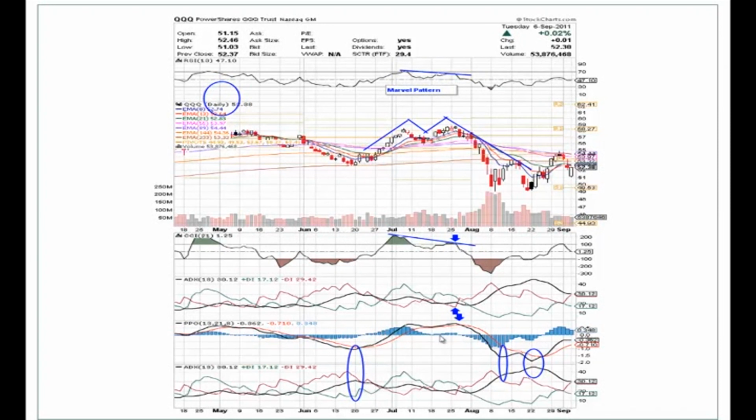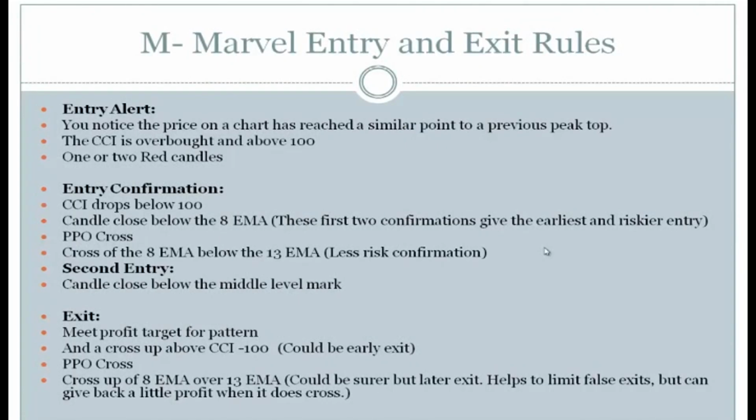And just notice the circles are the P3s or the P3 and a halves, so that your eye starts to see them. Alright, on the M entry and exit rules, you will notice the price on the chart has reached a similar point or to a previous top, or is a little bit higher.